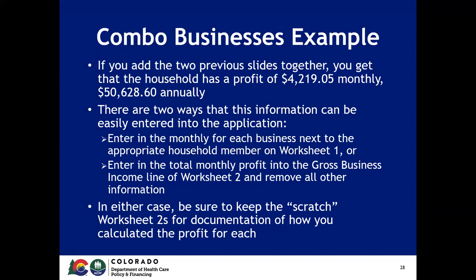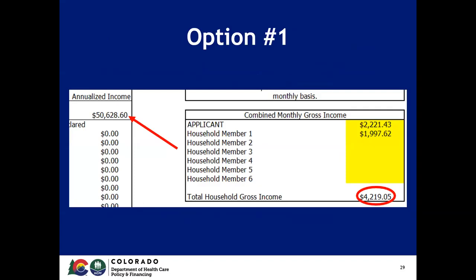In either one of those cases, you want to keep those two versions of worksheet 2 that you use to figure out the income for each business in the application so that you can go back and follow all of those. So this is what the first option would look like. You can see that the first business was the $2,221.43. So that went with the applicant.